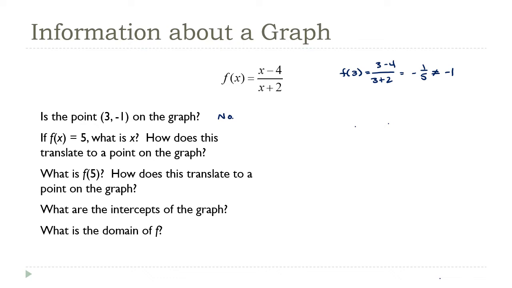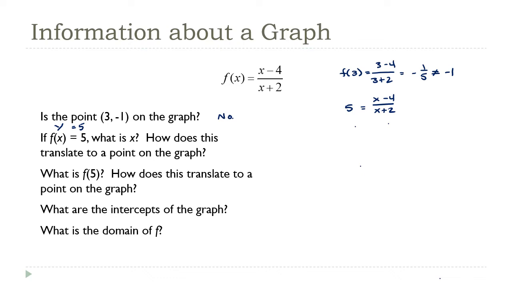All right, so my second question: if f(x) equals 5, what is x? Well, remember, this f(x) is the y-coordinate. So what I'm saying is, if y equals 5, what is x? Let's figure this out. I'm going to put 5 in here for f(x), and then just solve this equation.